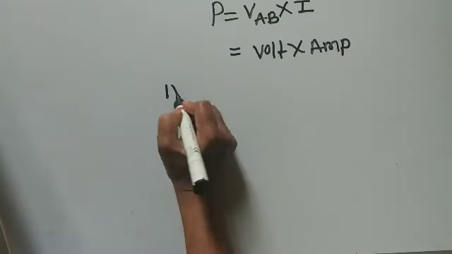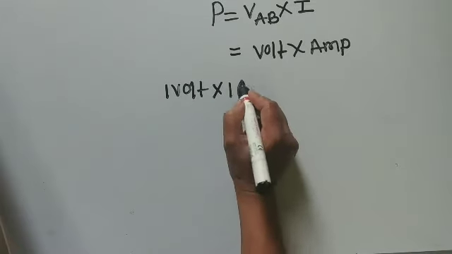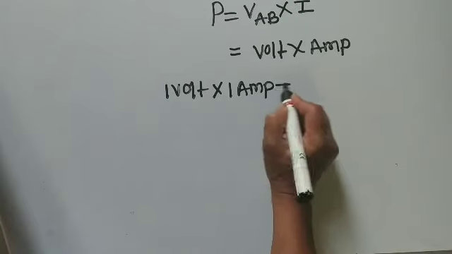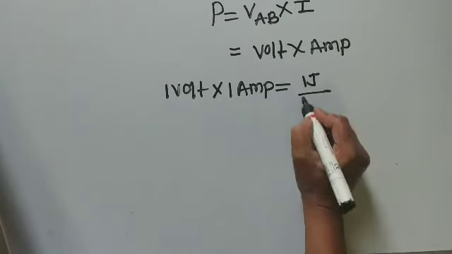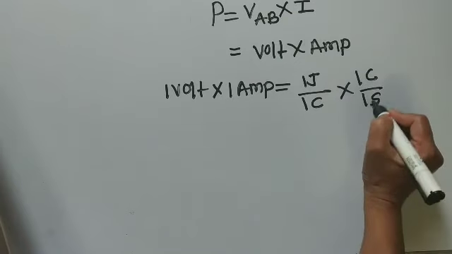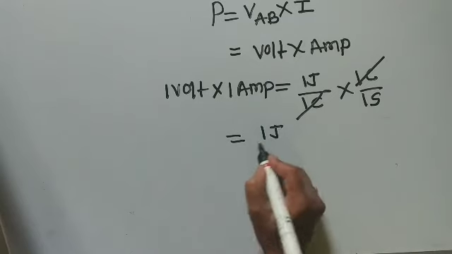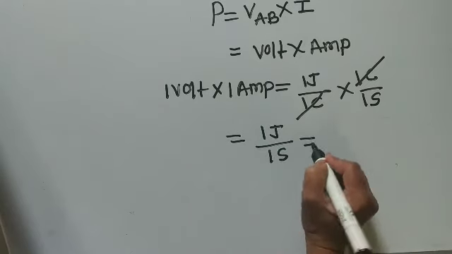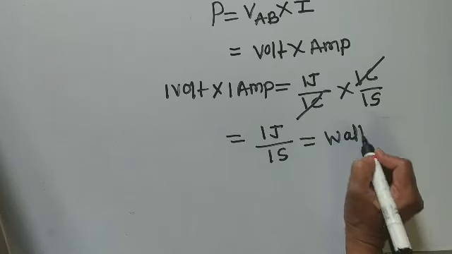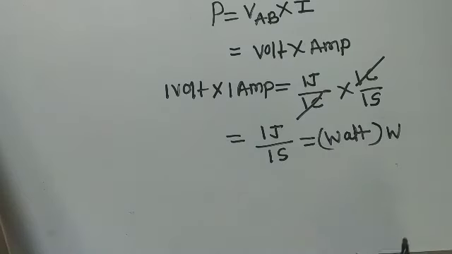Now 1 volt into 1 ampere is equal to 1 joule divided by 1 coulomb into 1 coulomb divided by 1 second. Now this 1 coulomb will be cancelled. That is equal to 1 joule divided by 1 second, and this is nothing but the watt or W. Thus, the unit of electrical power is 1 watt.